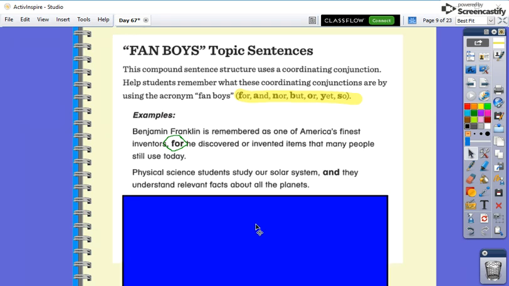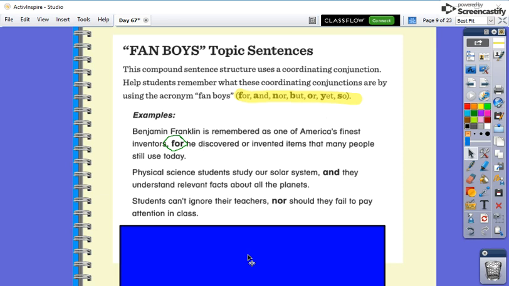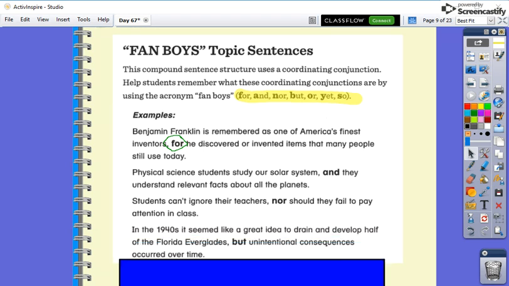A few more examples. Physical science students study our solar system. That would be a simple declarative if that's all it was. But they used a comma and joined it with and: they understand relevant facts about all the planets. Students can't ignore their teachers, nor should they fail to pay attention in class.